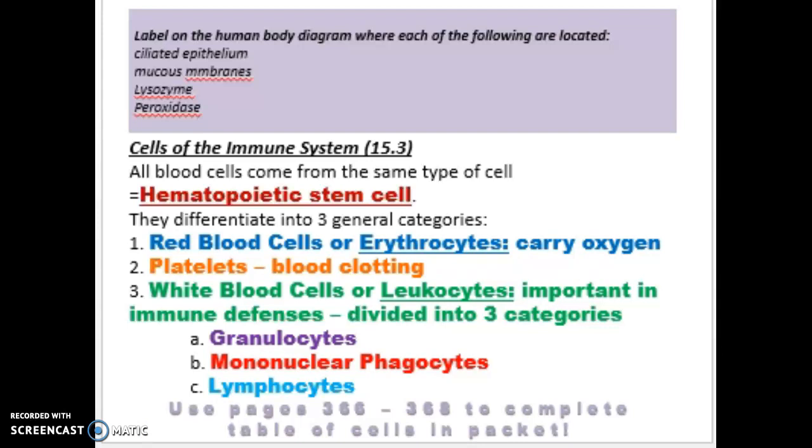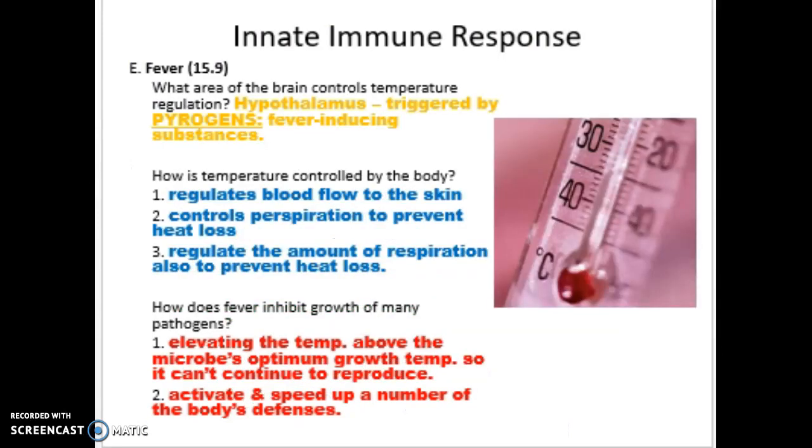Now, at this point, we've got to talk about fever. Fever occurs because the hypothalamus gets triggered by what are called pyrogens. These are fever-inducing substances. So how is the temperature actually controlled by the body?